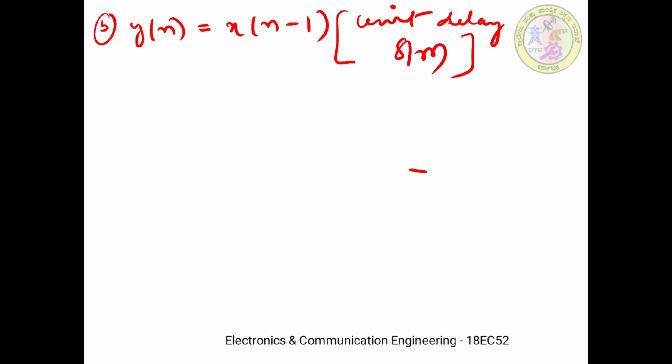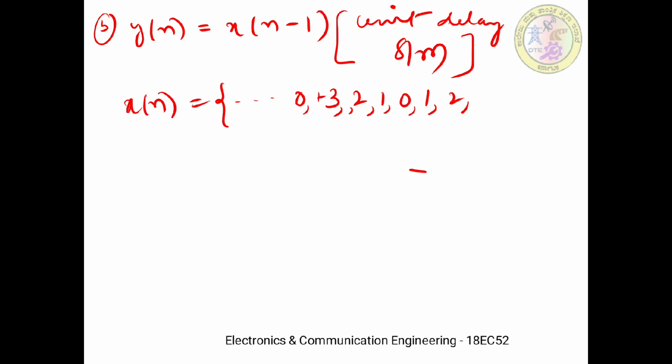So this is the expression which gives a relation between input and output. Further, if you want to write the solution, you can always write it like this. Already we know that x of n is defined as 3 2 1 0 1 2 3 0, it goes on like this.